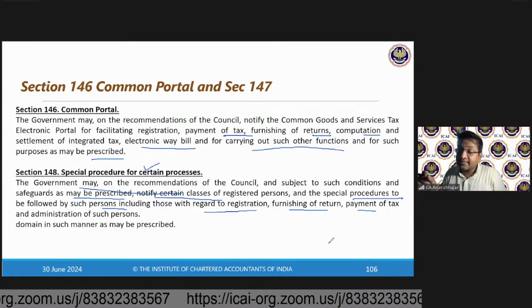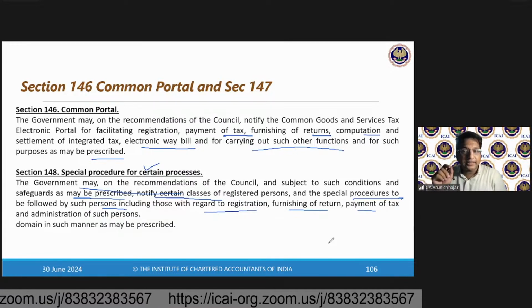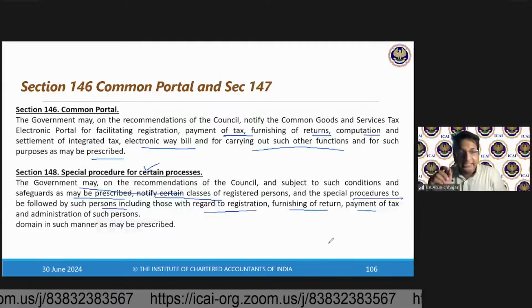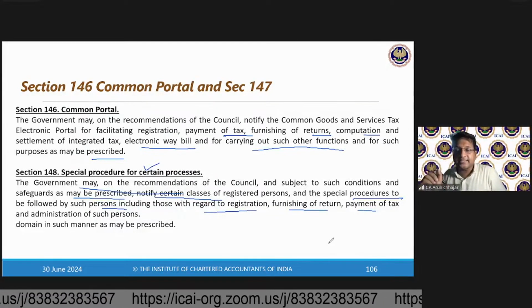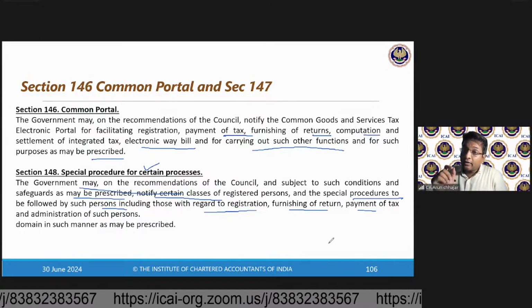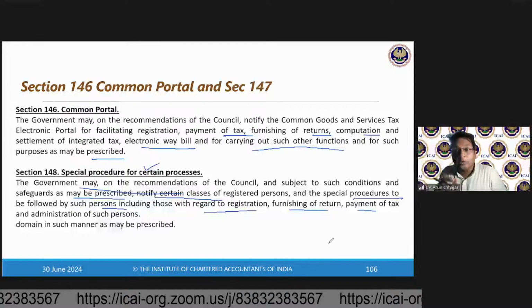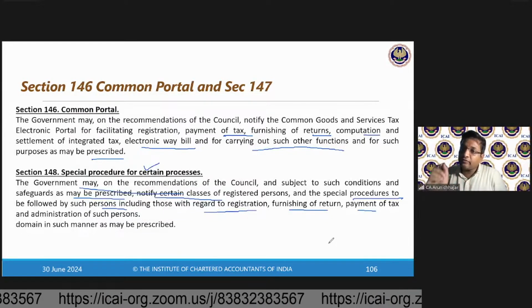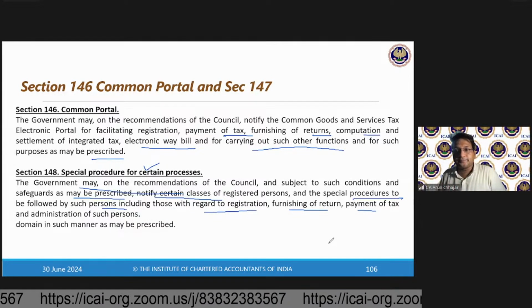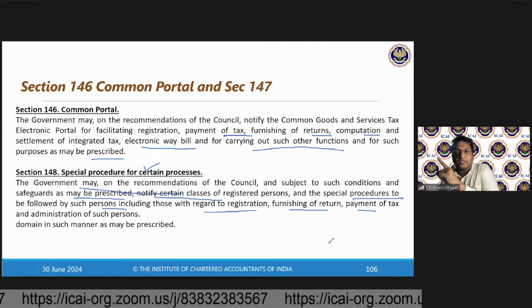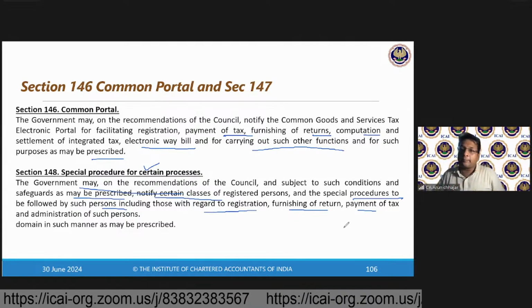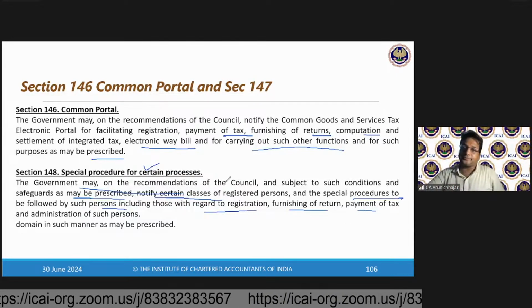A perfect recent example is the person who is dealing in tobacco, pan masala, etc. The government has issued a special procedure for auditing the machines being used for production. That notification has been issued using the power of Section 148.